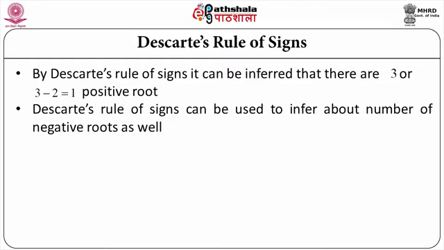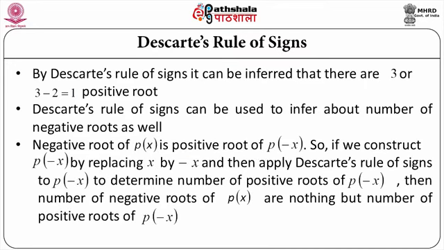Now, as far as Descartes' rule is concerned, it only gives us the number of positive roots, but we can use it to determine the number of negative roots as well. Let us see how we can do it, and it is very simple.